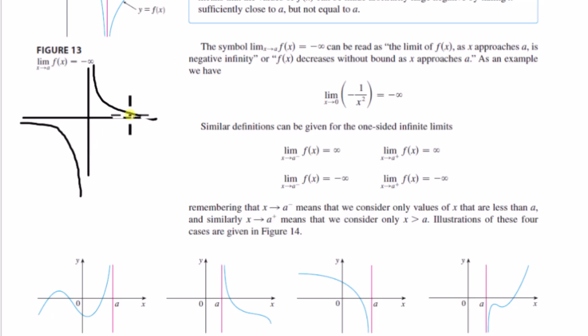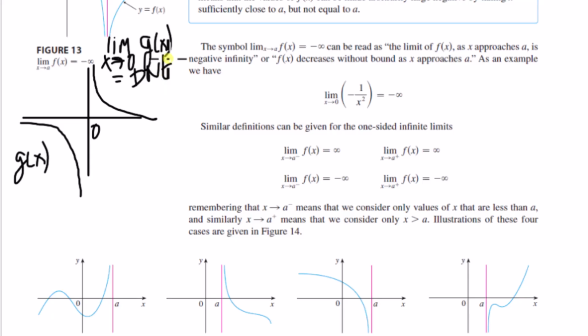So if this is g of x, you would just have to say the limit as x approaches 0 in general of g of x is DNE.